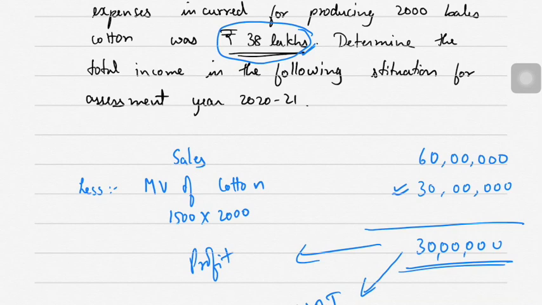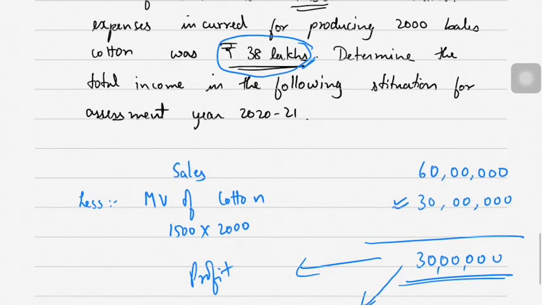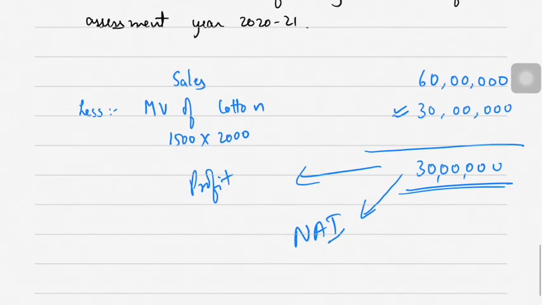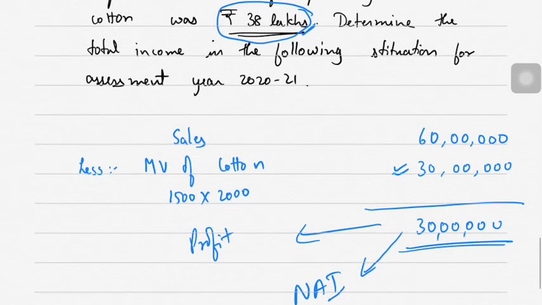If you had purchased from the market, you would have got it for 30 lakhs, but you have spent 38 lakh. So 8 lakh rupees is your agricultural loss, right? When you have an agricultural loss, you don't take that into account. Anyway, this 30 lakh is your non-agricultural income. Got it?